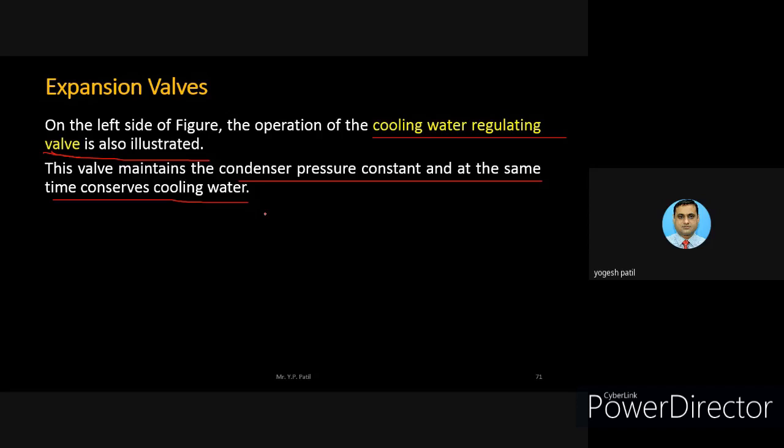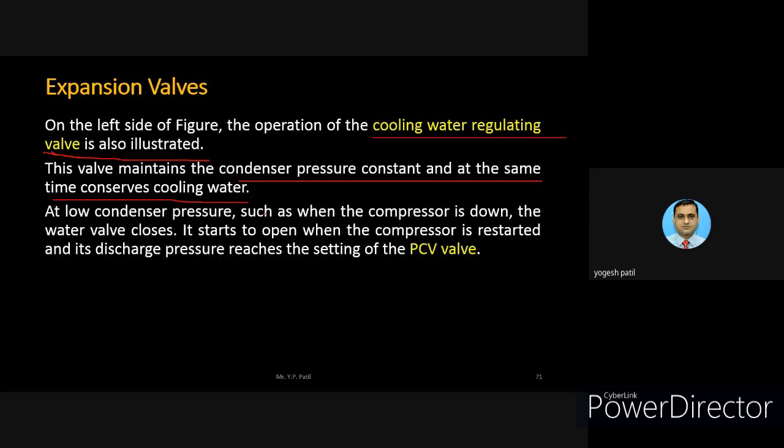This is the main purpose of the cooling water regulating valve that is connected in the top section of the left side figure. The purpose is to maintain the condenser pressure constant, and at the same time it also conserves the cooling water to the condenser. At low condenser pressure, what happens?